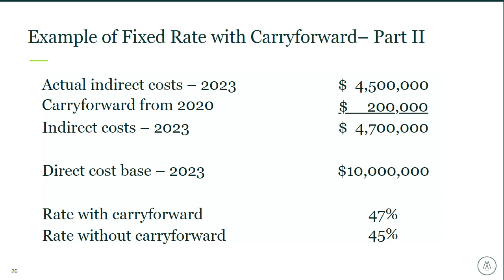If you hadn't used your fixed carry forward rate, if you had a predetermined rate, it would have been 45%. So that's how that carry forward adjustment works. You just apply that adjustment based on your actual cost to the following proposal that you're applying the rate for.